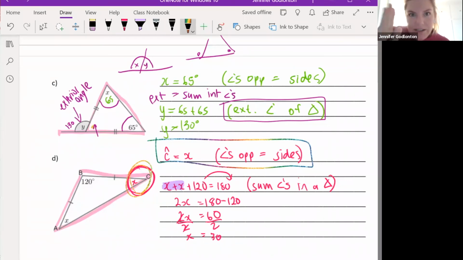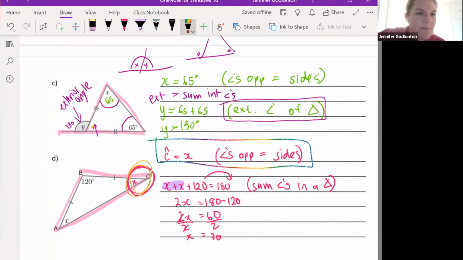Basically, what I want you guys to think of when you're doing geometry is that whoever's marking your paper is so stupid that they have no idea what you're saying unless you write things out explicitly. So you write things out step by step by step. For this one, you have to have the stage over here where you've said angle C is equal to X. Otherwise, you would lose those 2 marks. Yes, ma'am. Thank you, ma'am.